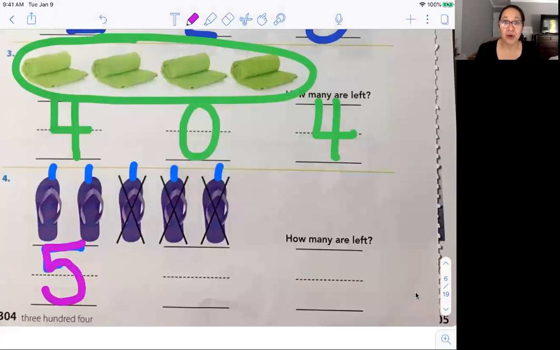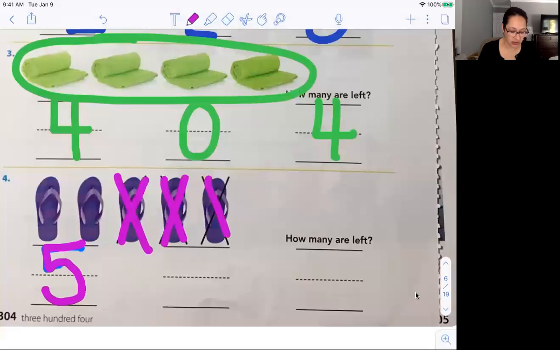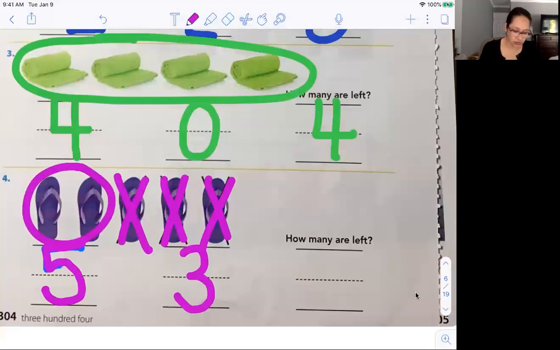See the 5 purple flip-flops? Okay, so now we're going to see if there are 5 there and how many are they Xing? How many are they crossing off? 1, 2, 3. So they're minusing 3. So you had 5, you're taking away 3. How many are left? 2. Up, slant down, and walk to the right.